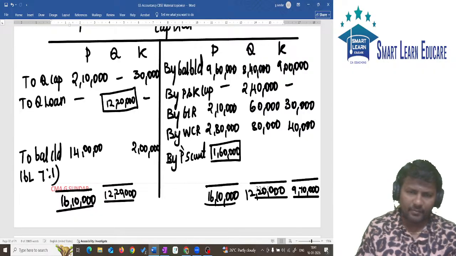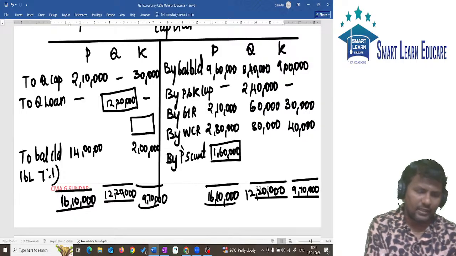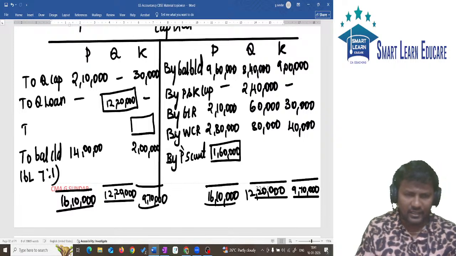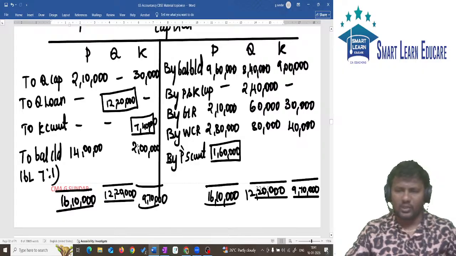And what is the balancing figure? 9 lakh 70,000 minus 2 lakh 30,000 will give you the balancing figure 7 lakh 40,000. To Q current account it is 7 lakh 40,000. That's all. Good question.